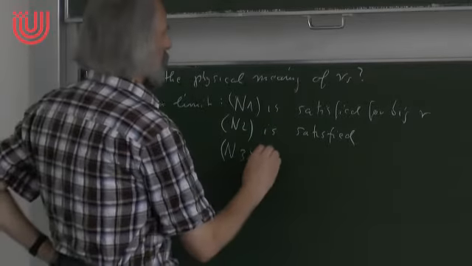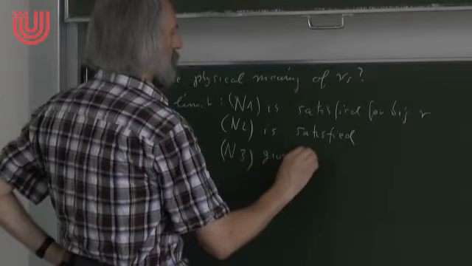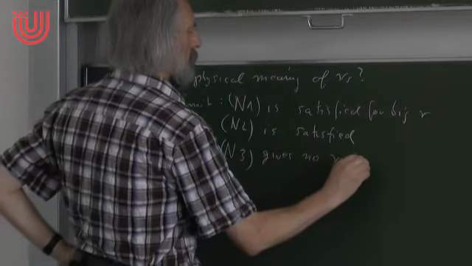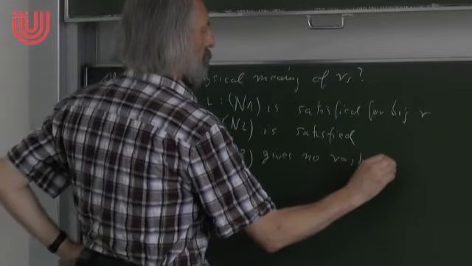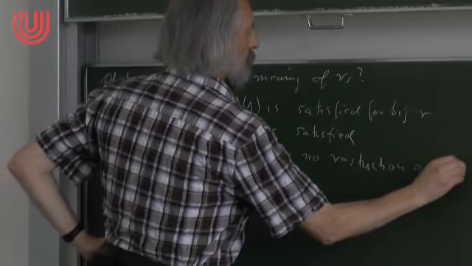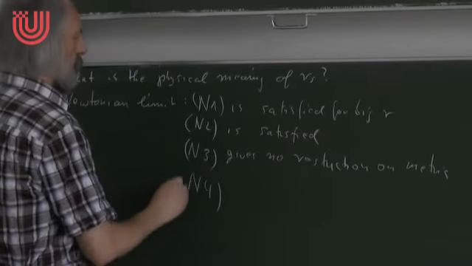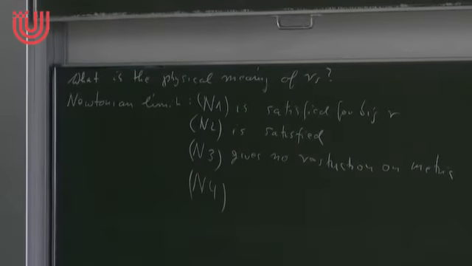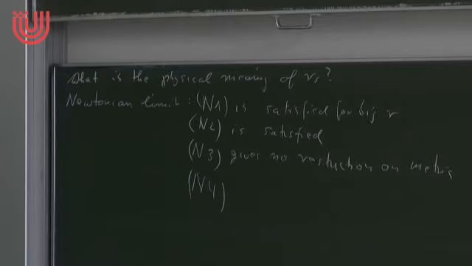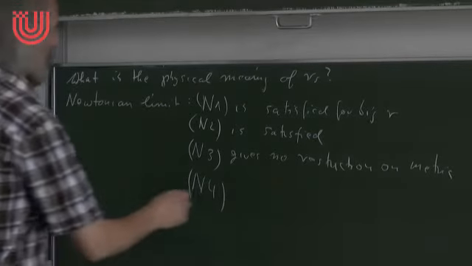So this gives no restriction on the metric. And N4 was a condition on the energy momentum tensor, that the matter moves slowly and that it can be approximated by a dust. Well, here it is vacuum. So it is certainly a dust which moves with any velocity, namely with a density 0, right? So N4 is also satisfied.